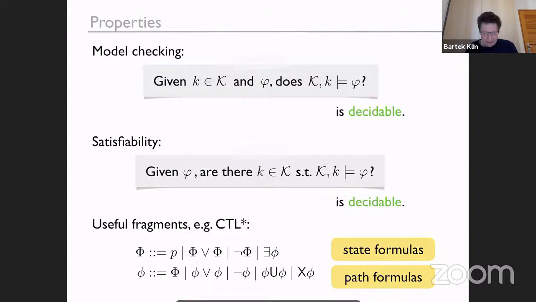Although the proof that this is a fragment of the μ-Calculus is not very easy. It's not a direct inductive syntactic translation of CTL star formulas into the μ-Calculus. It's more involved than that.